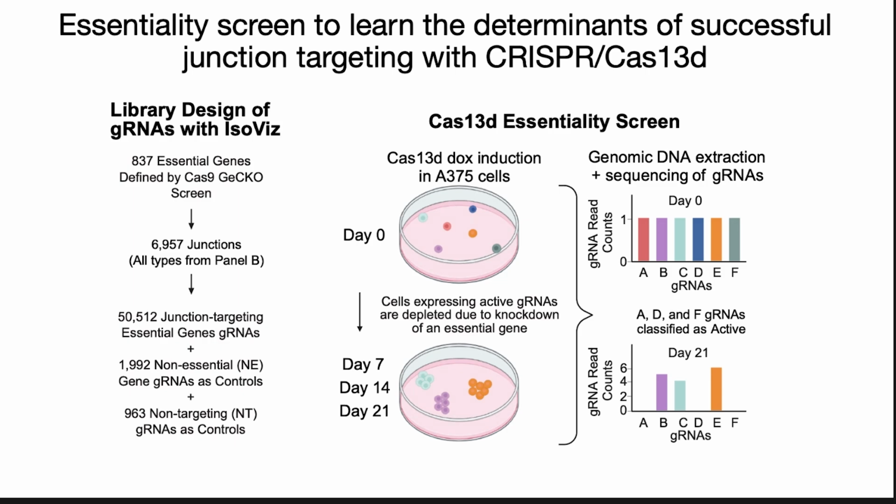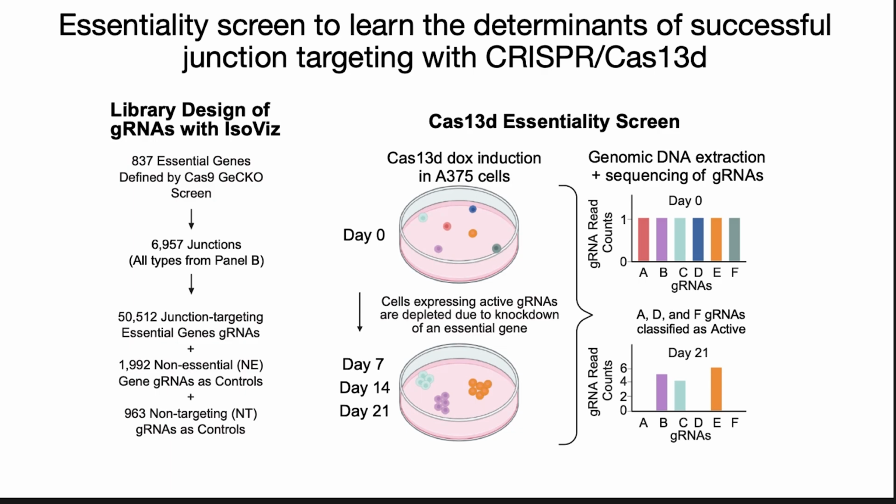We designed CRISPR guides to the junctions of a bit over 800 essential genes in A375 cells. So these are genes that in principle the cell just can't live without. You can put the CRISPR guides at slightly different positions along the junction, and so we end up with a bit over 50,000 guide RNAs.